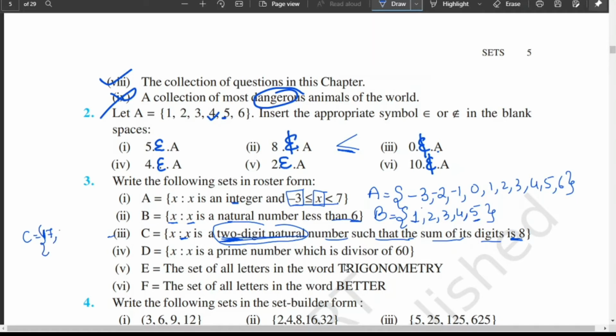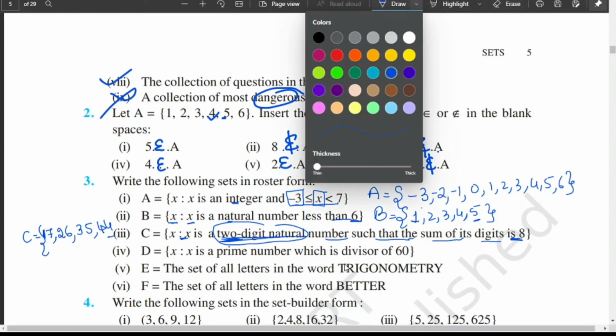Then I'll increase this digit by 1 and decrease the other: 26, yes. 35, then what else will come? 44, then 53. See, 35, here it should not be a bracket, it is a comma. So this is 35, 44.